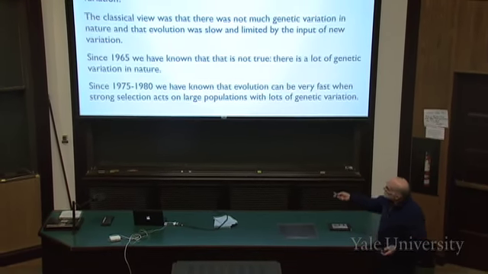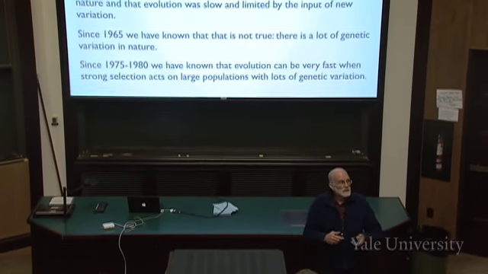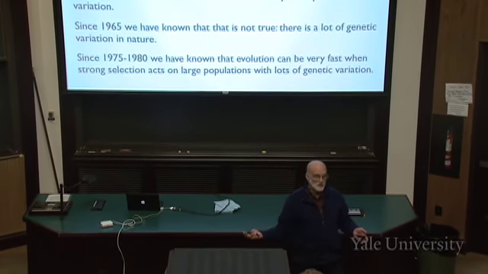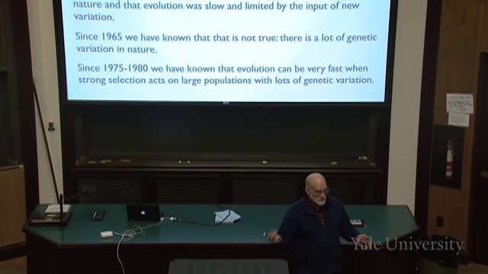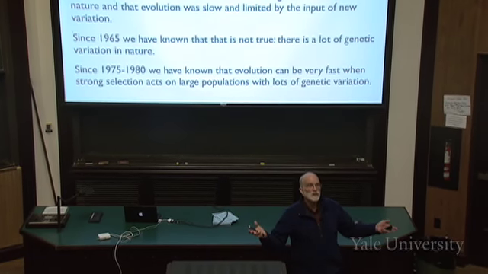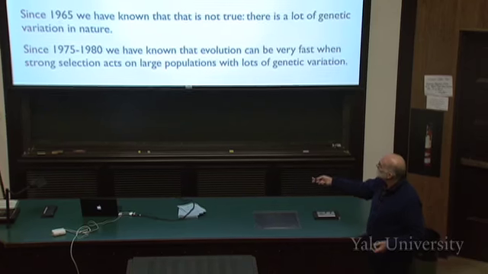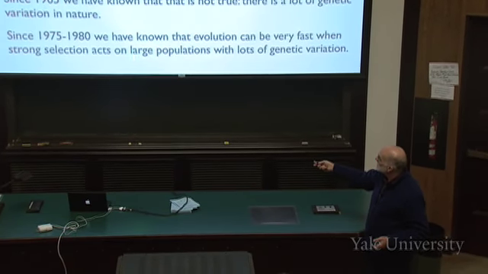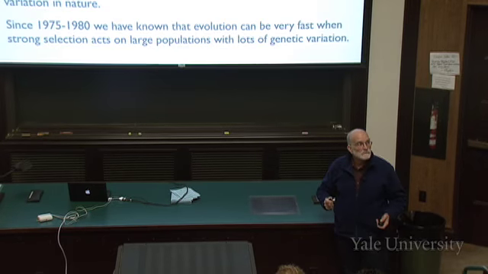Since about 1975, 1980, due to a series of studies, some of them on the Galapagos finches, some of them on the guppies in Trinidad, some of them on mosquito fish in Hawaii, some of them on the world's fish populations responding to being fished, we know that evolution can be very fast when there's strong selection acting on large populations that have lots of genetic variation.